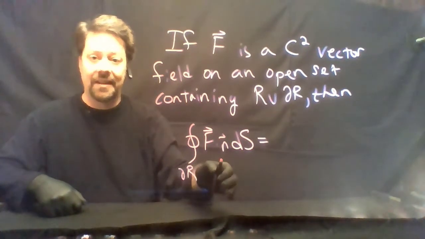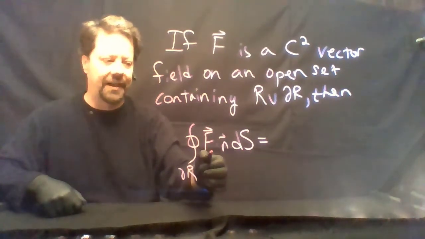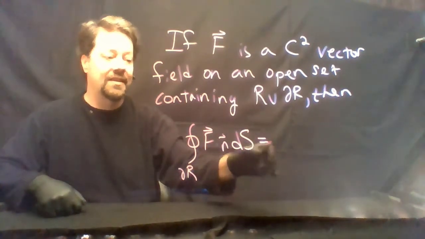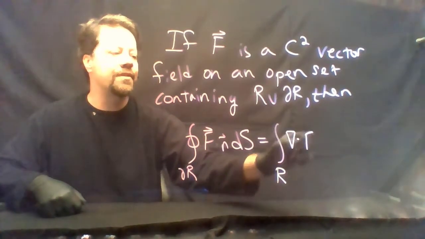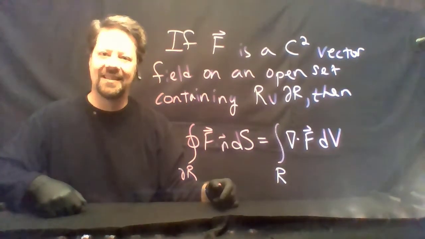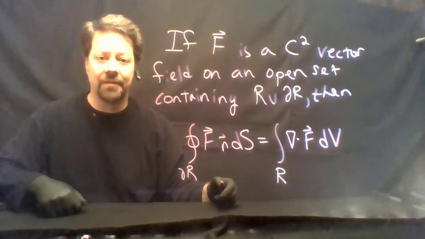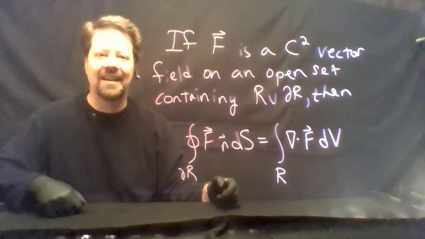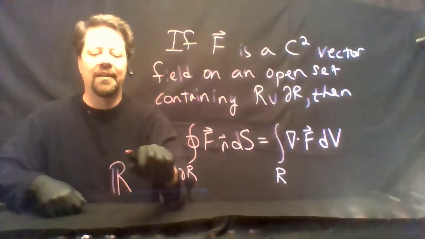Notice that the left-hand side is equal to the flux of the vector field F, and is equal to the integral on all of R of the divergence of F times a volume element dV. Note that this is very similar to the flux version of Green's theorem. However, Gauss's divergence theorem works in R3.